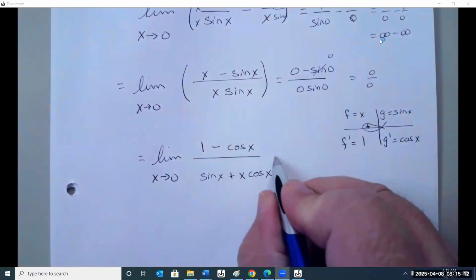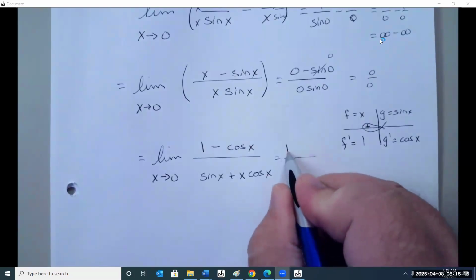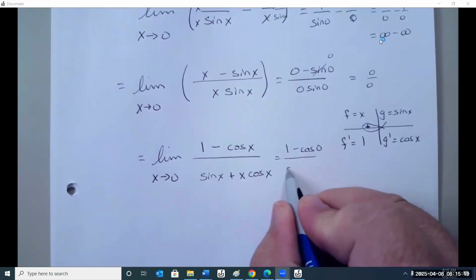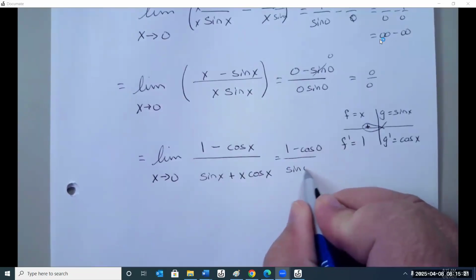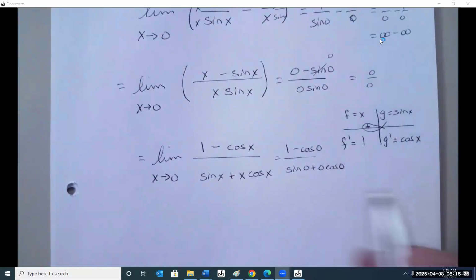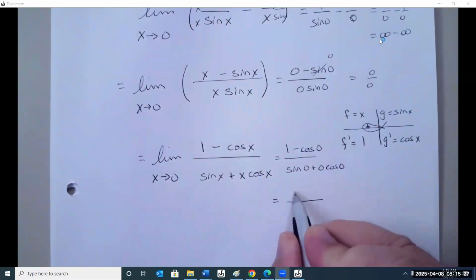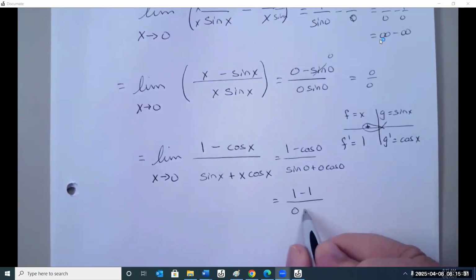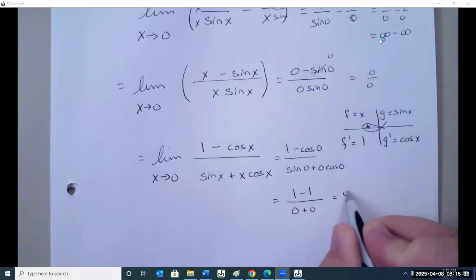At 0, we got 1 minus cosine of 0 over sine of 0 plus 0 cosine of 0, which is 1 minus 1 over 0 plus 0.